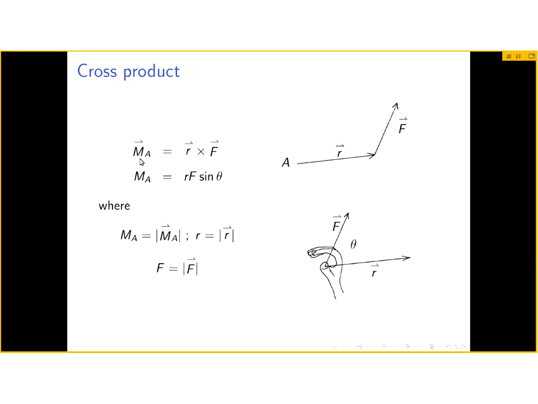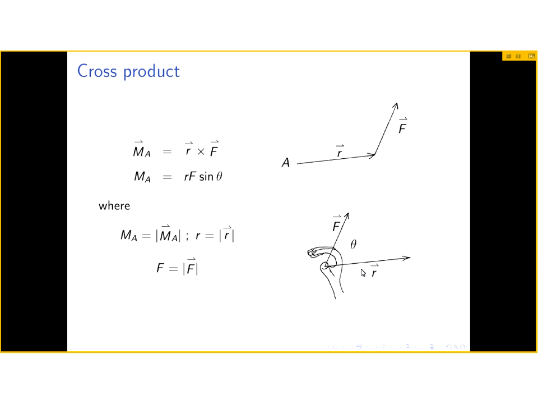In other words, the direction of MA as a vector will form a 90-degree angle with the direction of R, and also a 90-degree angle with the direction of F. So that means that if my vectors R and F lie in the plane of the screen or the plane of the board or the plane of the paper, if I draw on paper, it means that my vector MA must be perpendicular to this plane. So it must be either coming out of the plane or going into the plane.